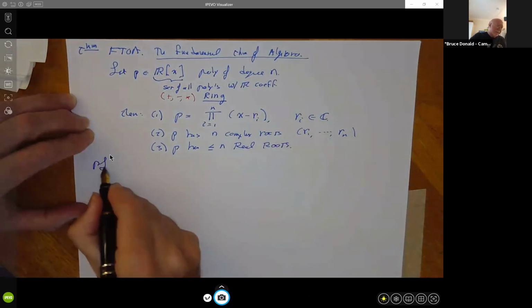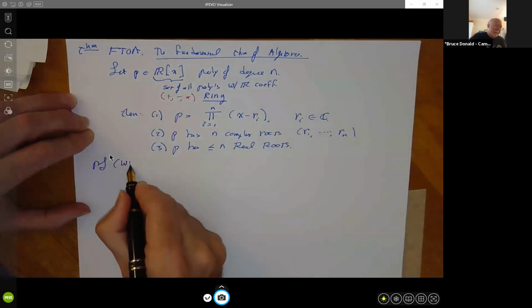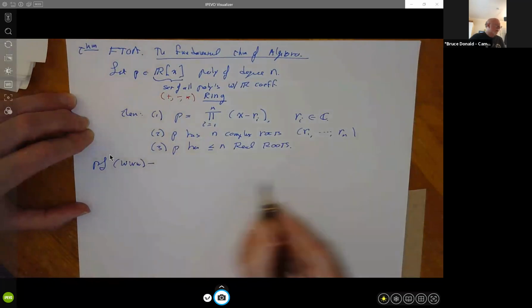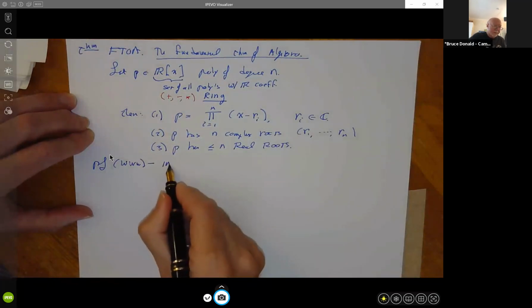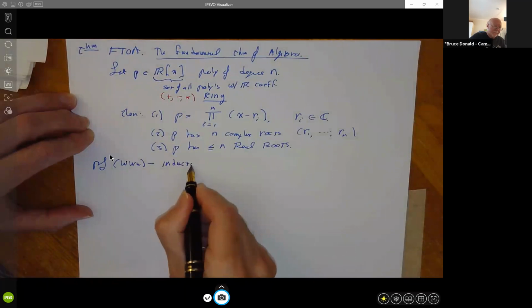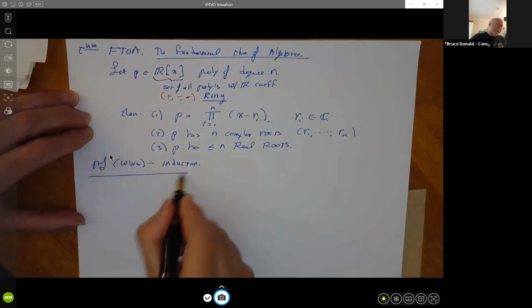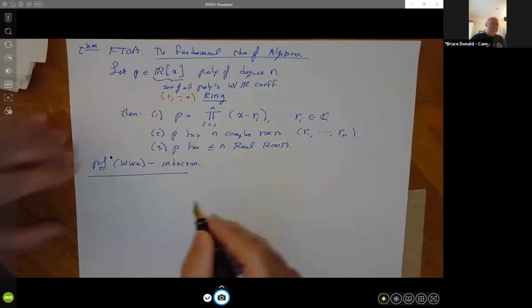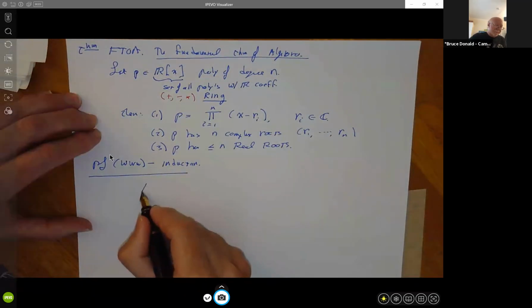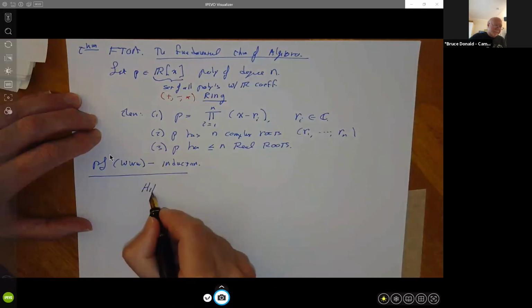The proof of this, which is on the web for the class, is a pretty easy proof, but you have to think about polynomials, and it uses induction. It's a nice exercise by induction, but I'd rather use it. For those of you interested in mathematics, this follows from a very important theorem proved by David Hilbert.